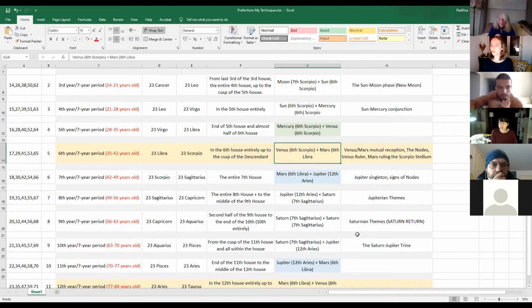Yeah, but the zodiac is not the houses. That's the distinction I would like to make. What you're saying makes perfect sense of how we discover different sections of the zodiac as we grow older, year by year, which is something I would use in combination with this. Here I've got the ages, the standard Profections technique ages, which are related to each period.